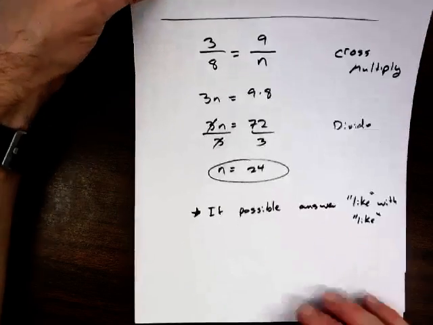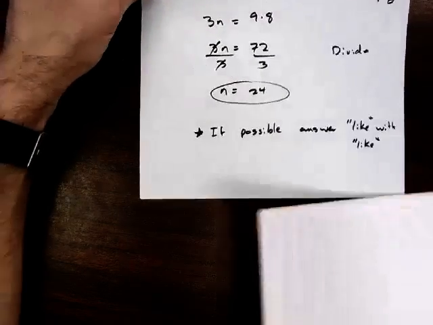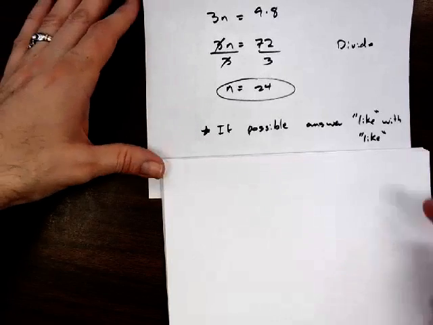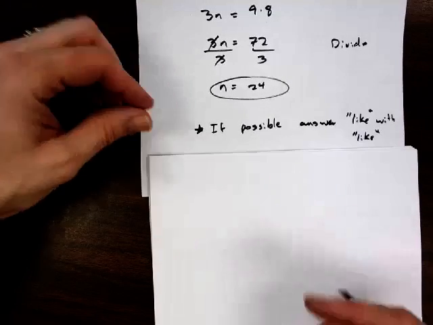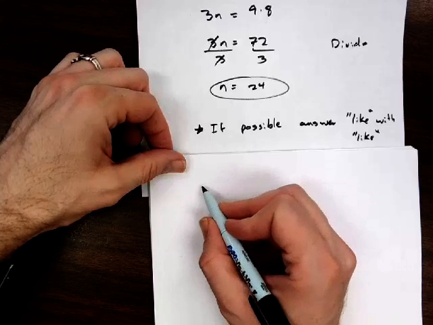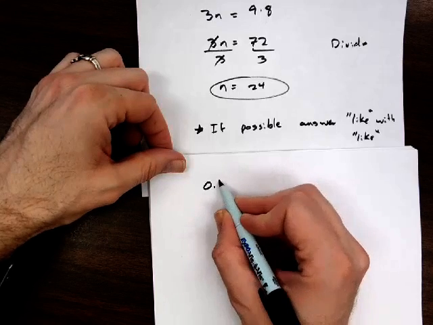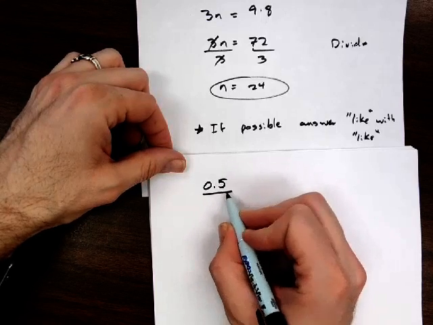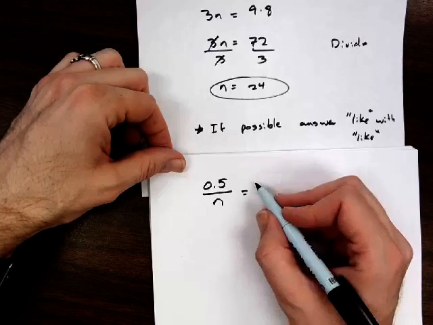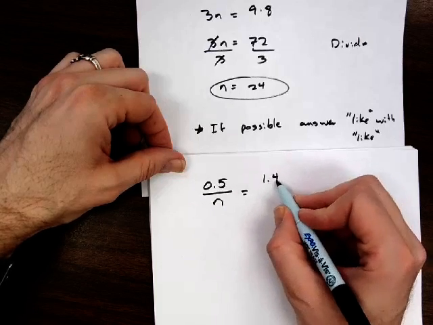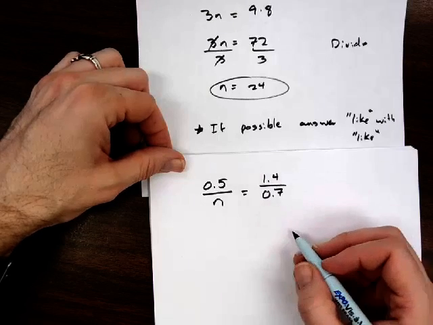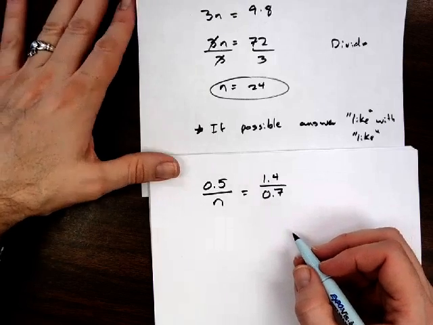This tells you that if you were to have a fraction or a decimal in something, then you should answer with a fraction or a decimal. So say I had something like, I like this, this is a good example, 0.5 over n is equal to 1.4 over 0.7. Oh, that looks weird, doesn't it?